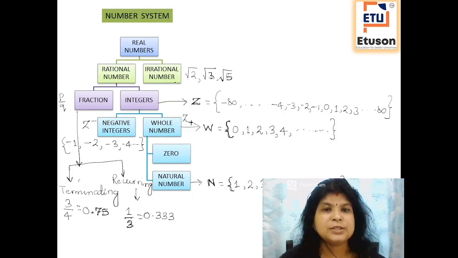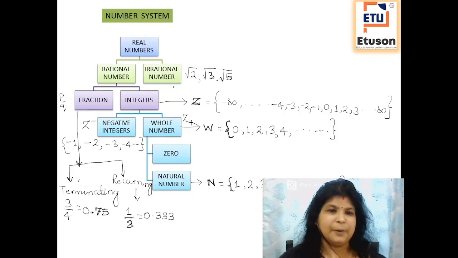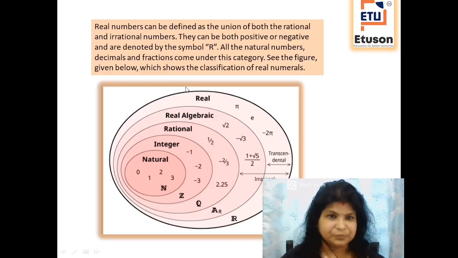They include all kinds of numbers which we can represent on the number line: rational, irrational, fractions, integers, negative integers, whole numbers, zero, and natural numbers. Hope the concept of real number is clear to you.